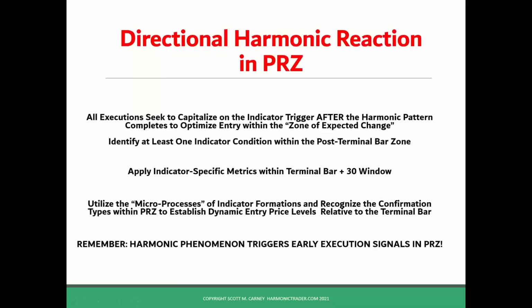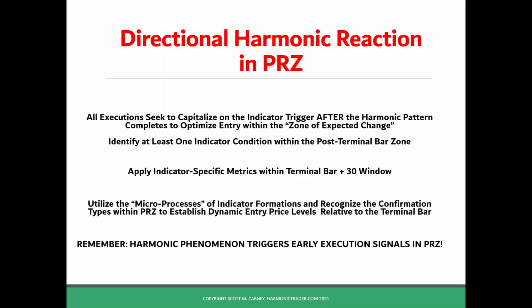But it is within that window, and then once that completes, okay, the whole directional reaction has to happen. Again, we start the clock at the 30-bar window. The other thing about what we're dealing with in executions and how do we identify signals or microprocesses of what are those indicator signals, formations that'll give us a possible reaction.